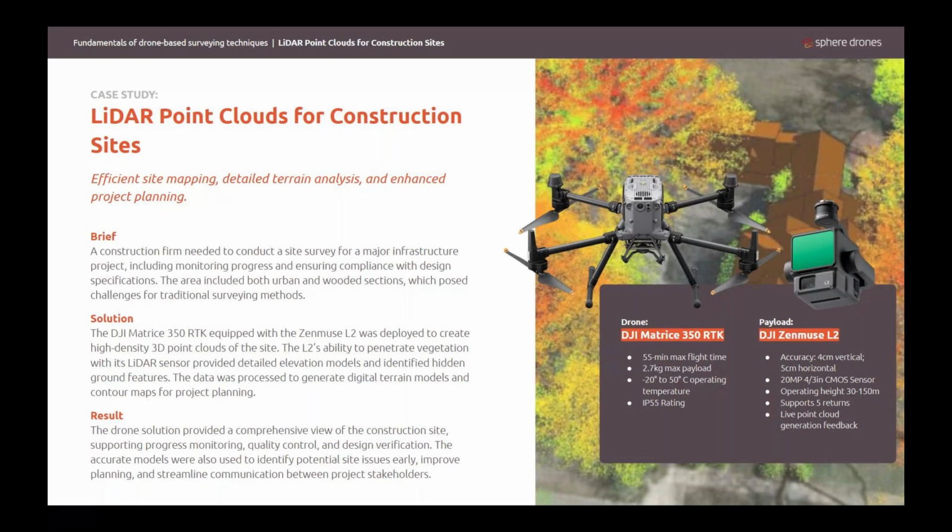As I mentioned previously, traditional survey methods can sometimes be more challenging in some of those environments. So the Matrice 350 with the L2 was deployed to create high-density 3D point clouds of the site, and the L2's ability to penetrate vegetation, because it's a LiDAR sensor, provided detailed elevation models and identified hidden ground features.